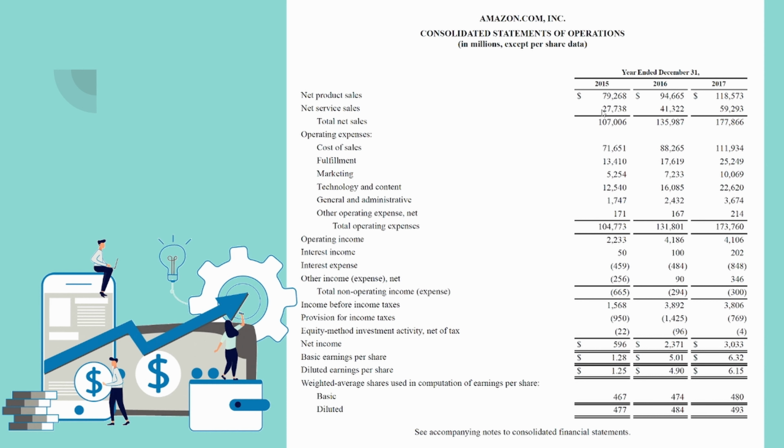In the year 2015, the net income was 596 million US dollars, and for the year 2017, it was 3,033 million US dollars. Now here there is mention of basic earnings per share and diluted earnings per share. In the next video, I will be explaining these two concepts. I feel these two concepts are very important. So now I hope you can read any income statement very easily, very properly.